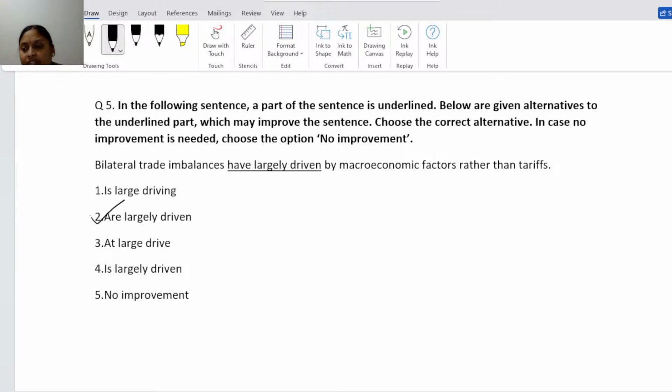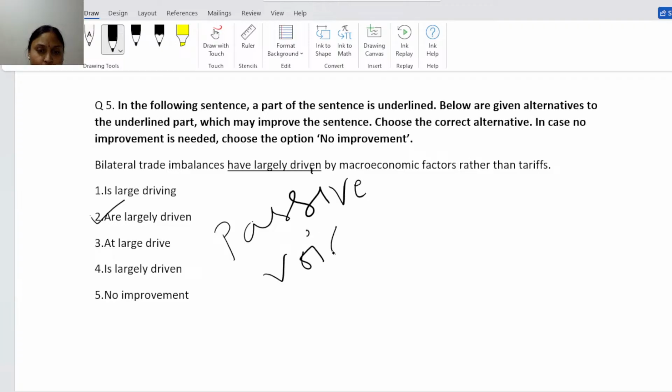largely driven. So here it is represented in the passive voice. What is the meaning of passive voice? Passive voice means, when it comes to the passive voice, the verb must be in the form which expresses it, and then that is known as a passive voice.